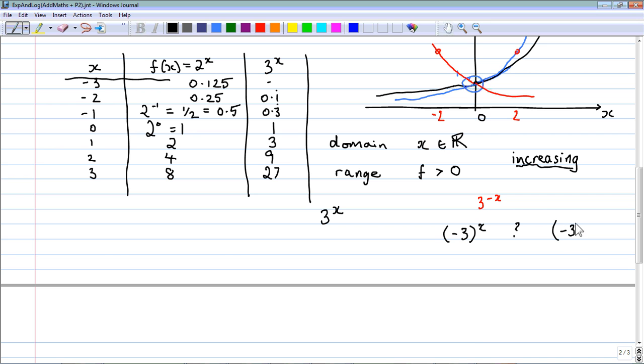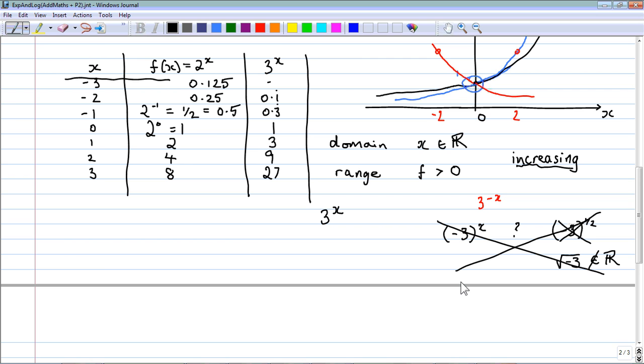Or let's say minus 3 to the power 1/2, that's simpler, isn't it? This has no value because what you're doing there is you're trying to find the square root of minus 3, which is not a real number. Not a real number. So that's why we don't generally pay any attention to these graphs.